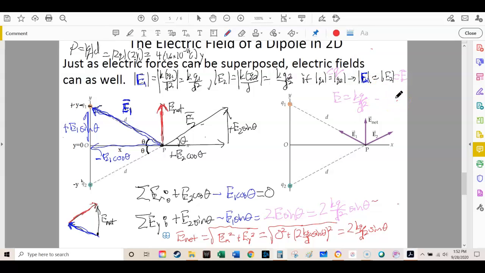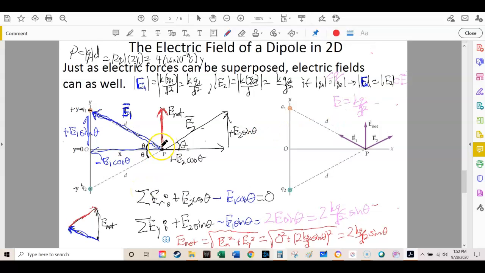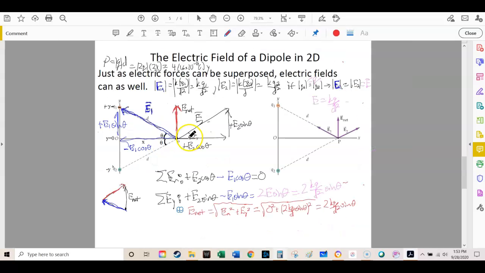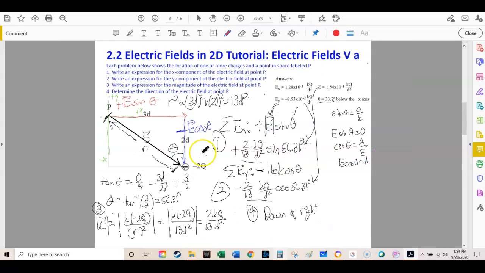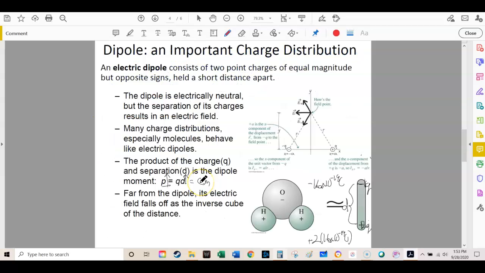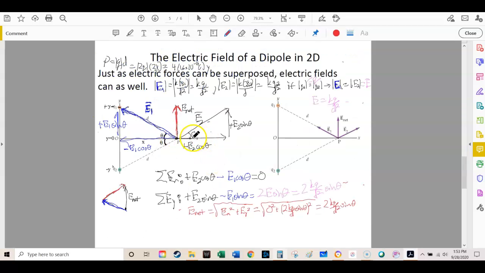So that's the thought process: you're doing the same thing that we did in this last problem. Let me zoom back out. In this last problem that we did, but now we're just doing it twice. And the cool thing about this, often when we do these problems, typically the x direction will cancel out or the y direction will cancel out, right? And so you get a chance to just really quickly eliminate stuff.